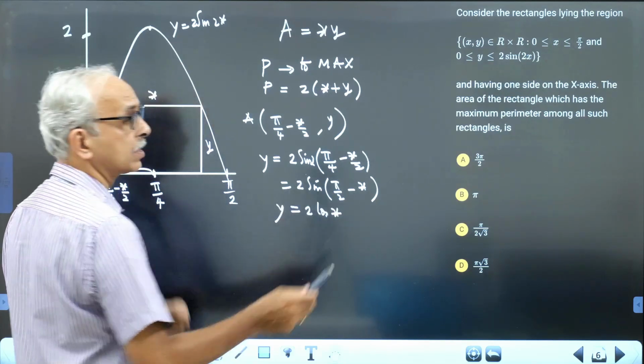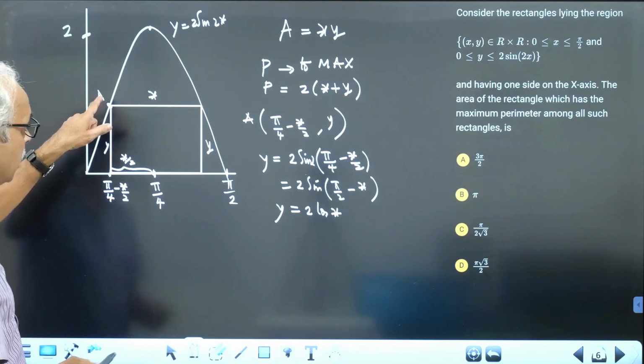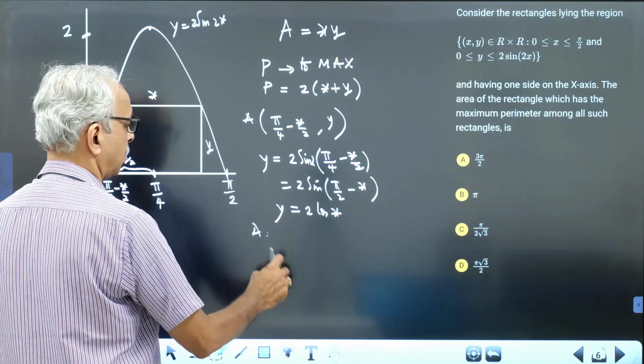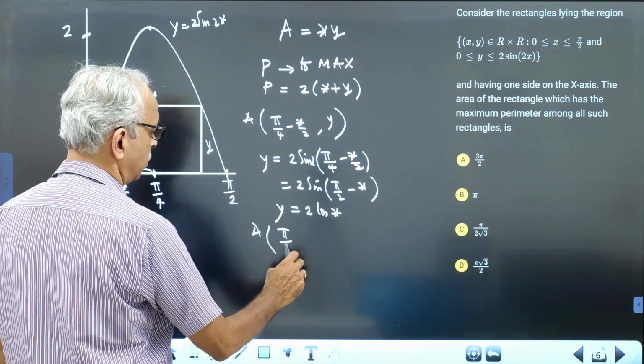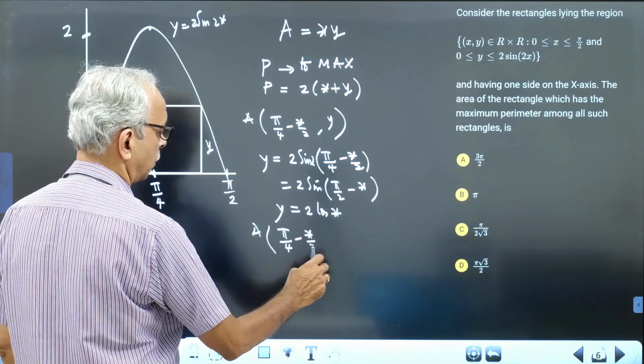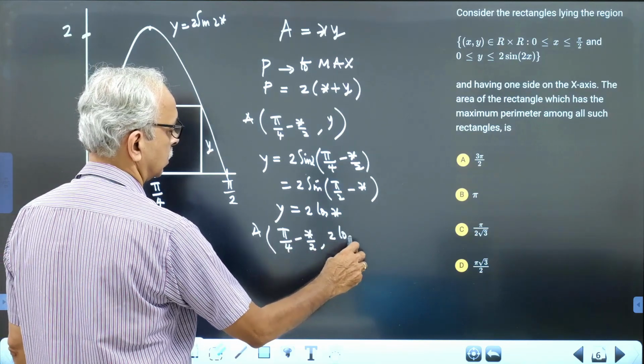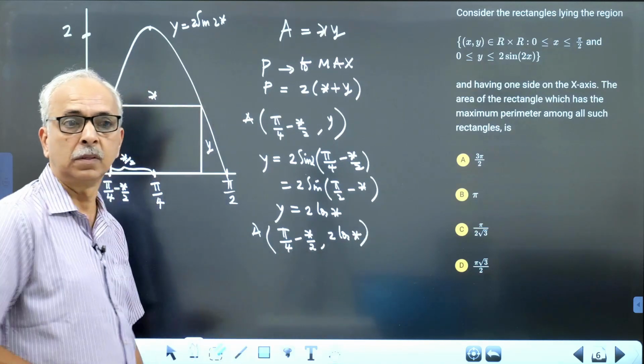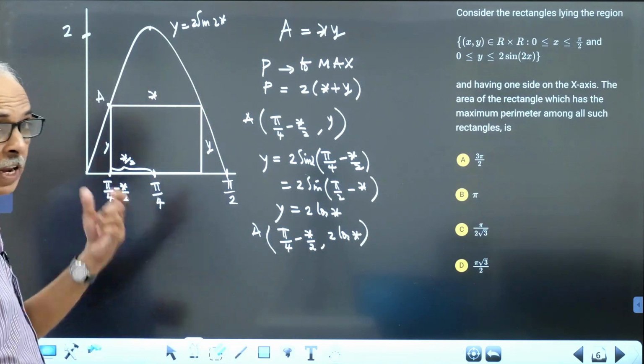Therefore, y equals 2 cos x. Therefore, the coordinate of A is (pi by 4 minus x by 2, 2 cos x). That's the value of y.